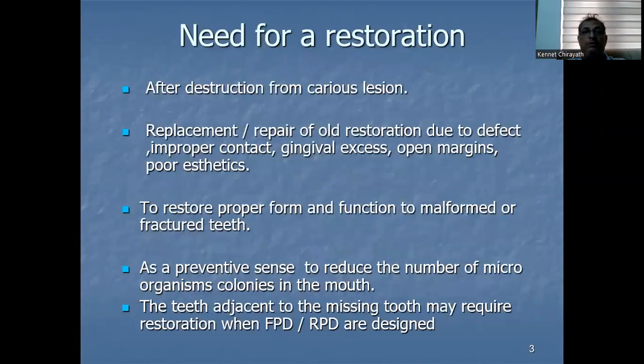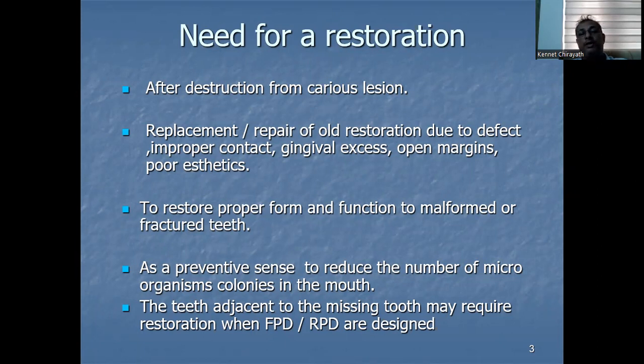Now, what is the need for restoration? One is to prevent the caries. The second is replacement or repair of the old restoration due to defect or improper contact, gingival excess, open margin, or poor aesthetics. So if the old restoration is not proper, you have to replace the restoration.